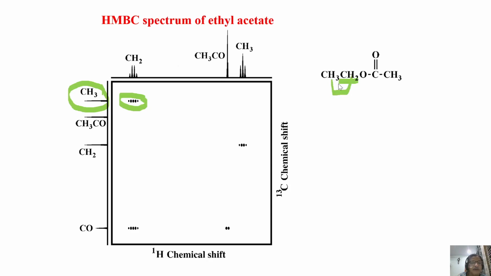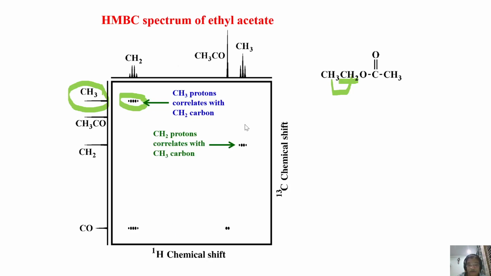You should expect each lane of this doublet to be a quartet, because CH2 is coupled to three protons. That multiplicity is seen here. See? CH3 proton correlates with CH2 proton, and here CH2 proton has a long range correlation to CO carbon also.